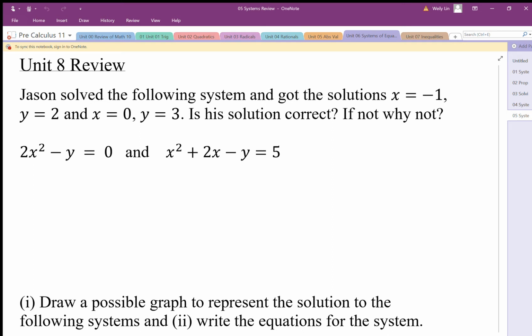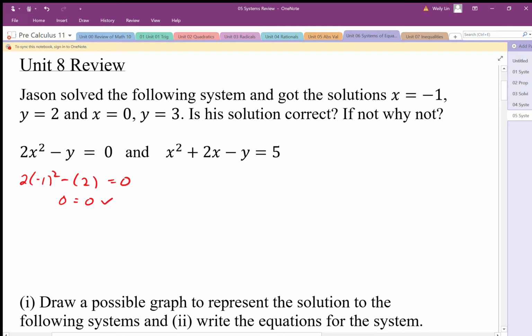And what's the criteria then if we substitute in these points? Okay, so if I substitute in x equals -1, so 2 times -1 squared, and y equals 2 equals 0. Okay, I get 0 equals 0. That's perfectly good. So x equals -1, y equals 2 fits into this equation.